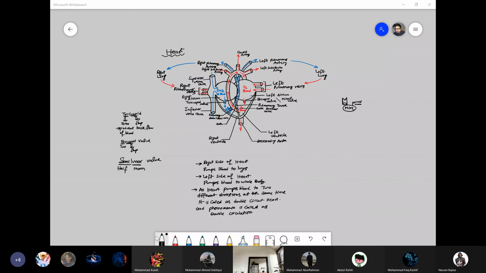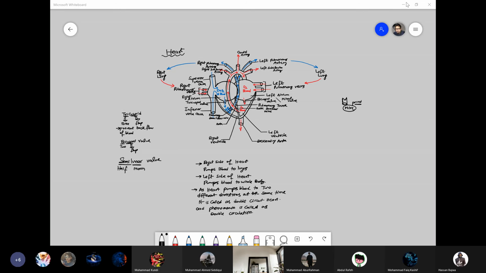That is why it's a bit thicker. This question can even come in the exam: why is the left ventricle wall thicker than the right ventricle? So the answer will be very simple: because the left ventricle has to pump the blood to the whole body.